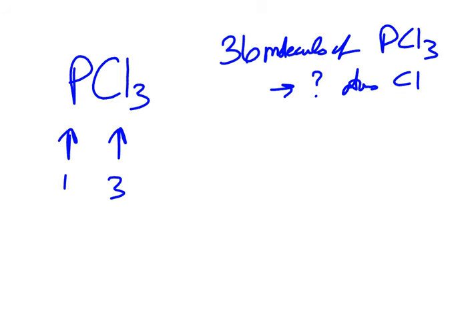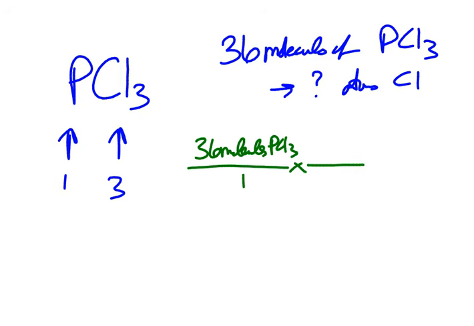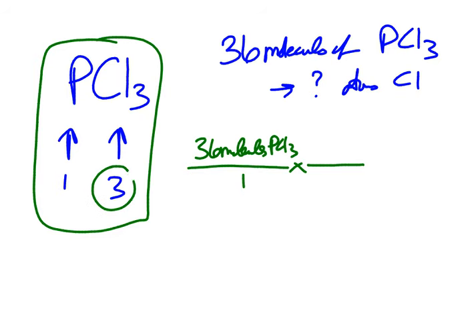And hopefully you realize that's a simple dimensional analysis. I start with what I'm given, 36 molecules of PCl3. I put that over 1. And then I know that in every molecule, and I don't see a conversion factor right here, I don't see an equivalency statement. This is my equivalency statement right here. It says there's 3 chlorines for every one of those. So 1 molecule of PCl3 has 3 chlorines.